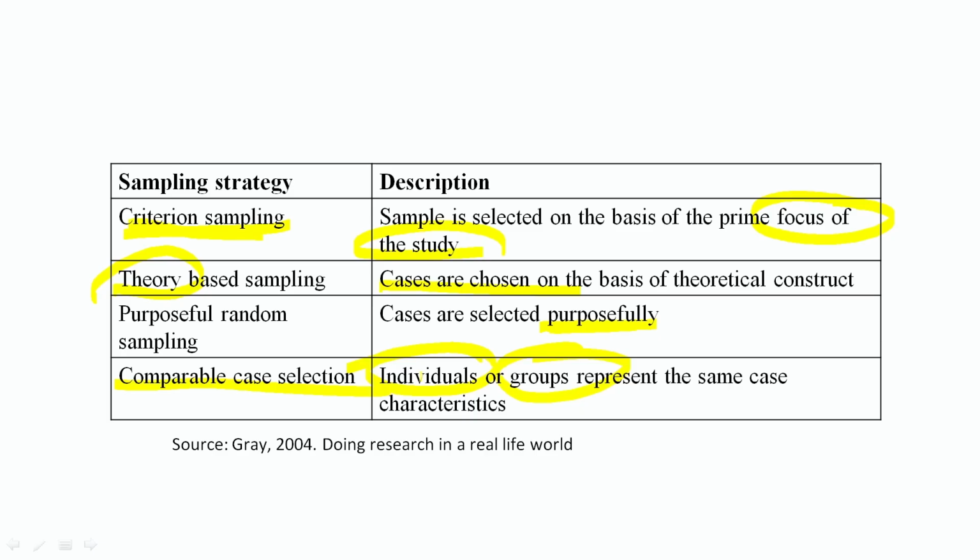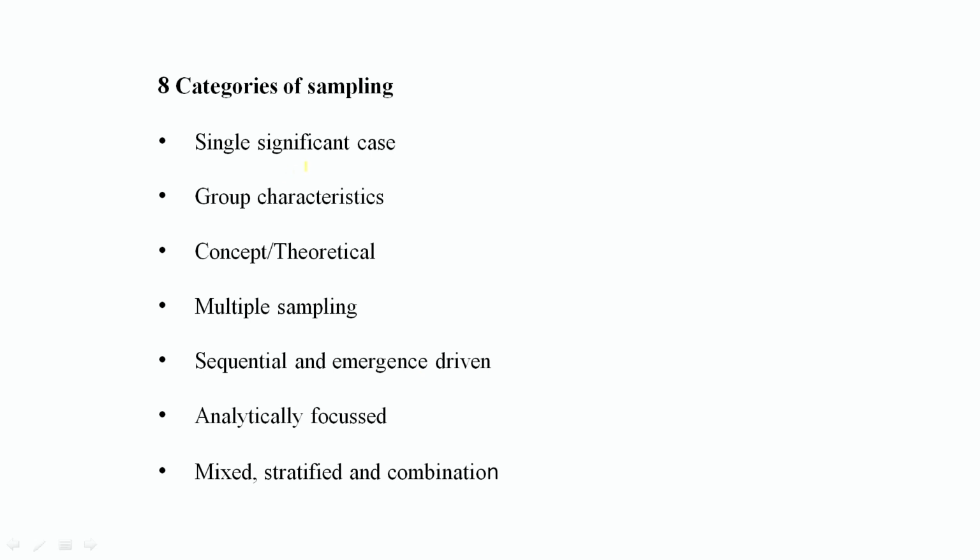And the second case comes deviant sampling, whether you want to go with extreme cases or critical cases. So let us proceed into the next phase of sampling. Qualitative researchers give 8 categories of sampling. One is single significant case, and the second aspect is group characteristics.